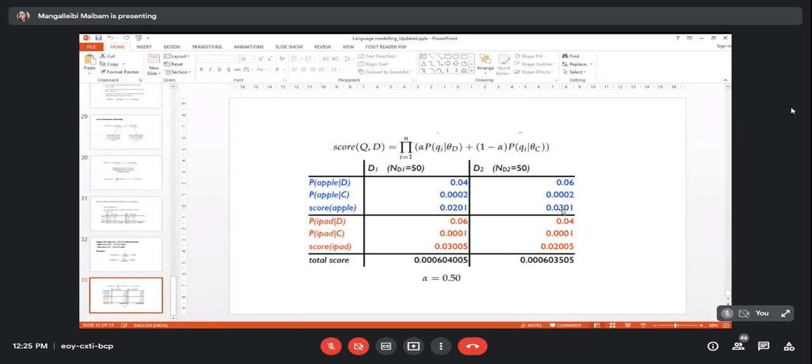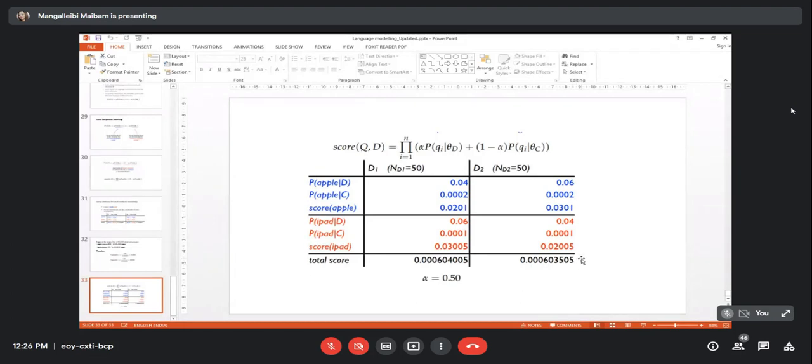For document D2, the score for Apple is 0.0301 into the score for iPad, 0.02005, so we got a slightly different value, 0.000603505.